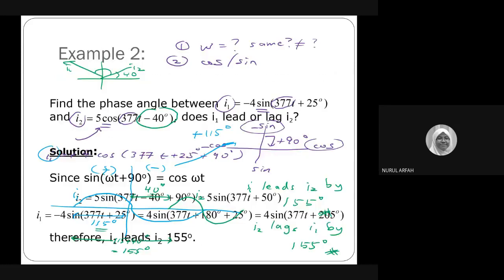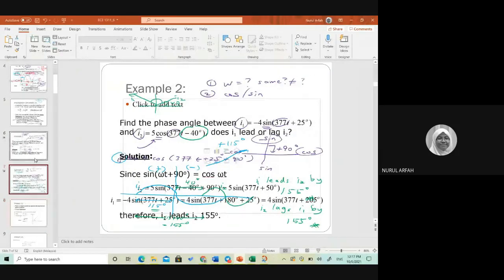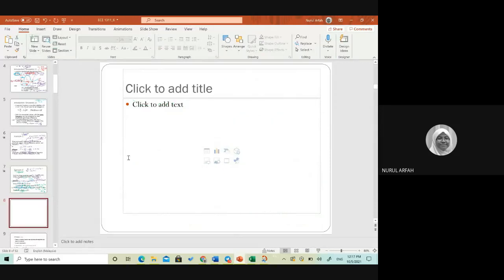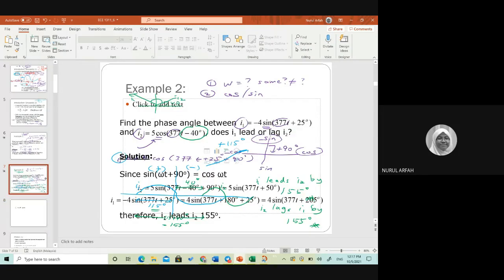Before that, maybe I give you some more examples. What if I have another one? I1 is equal to minus 4 sine 377t, I just give you the same example.